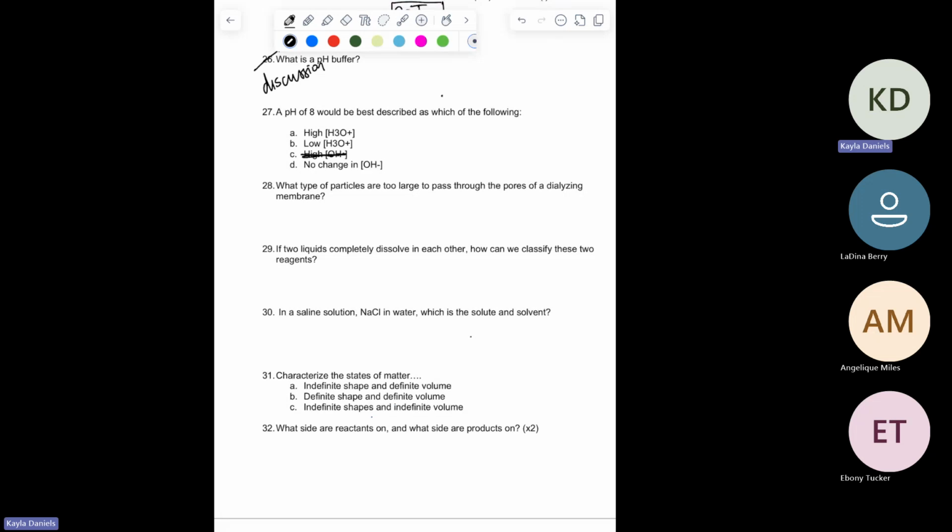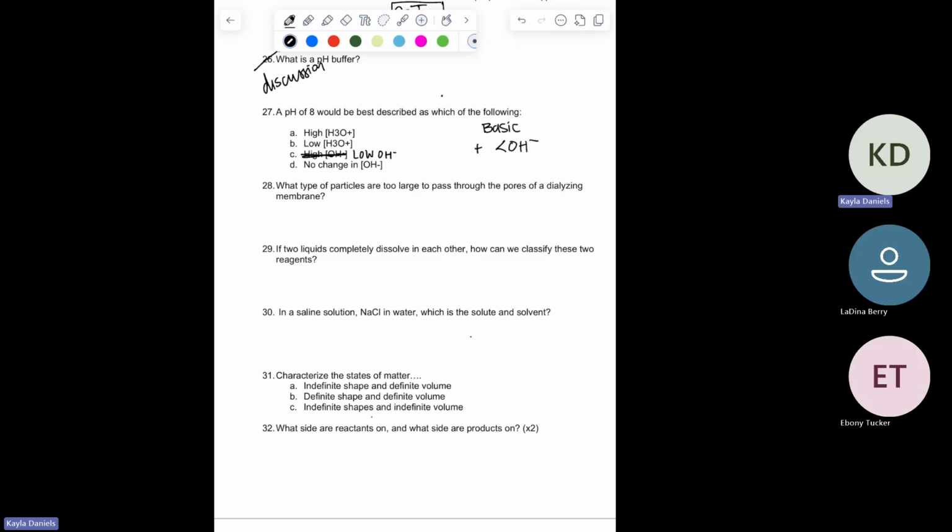Number 28, I have a slight typo. C should be low OH. This is a pH question that I snuck back in here. A pH of 8 is on the basic side of the pH scale. If something is basic, it has more OH than it does H plus.